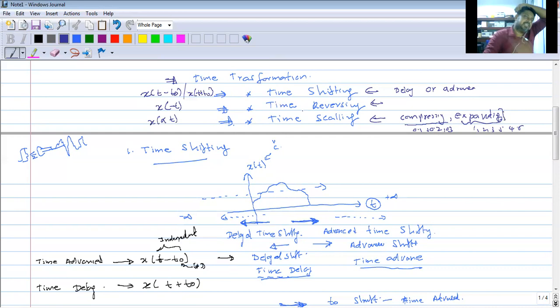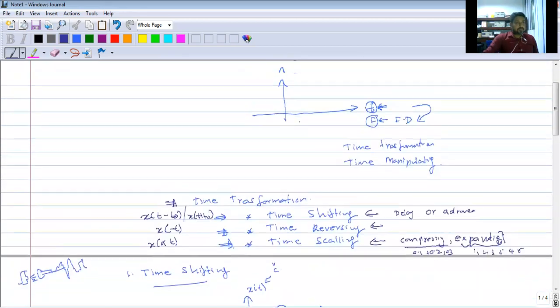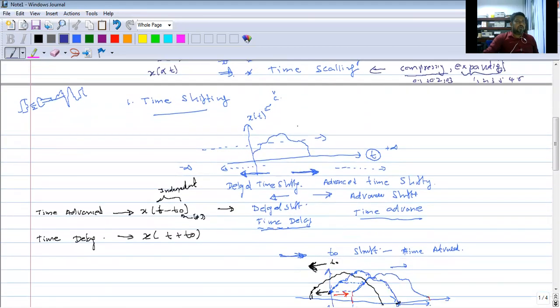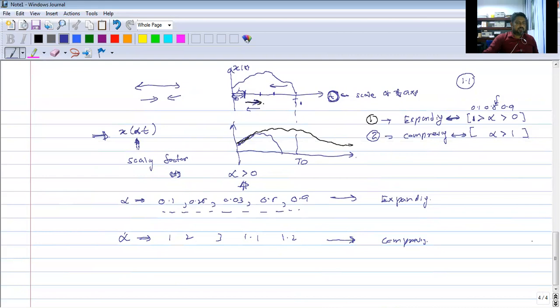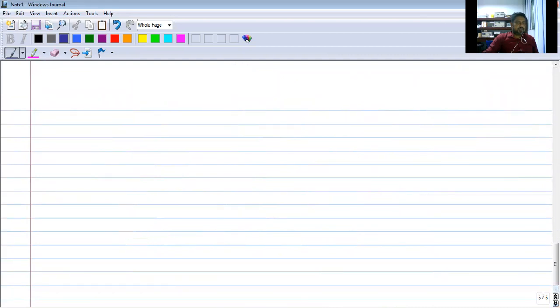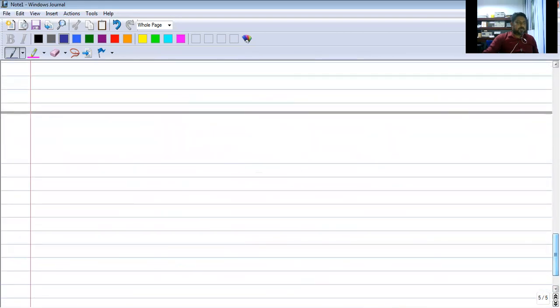So these are the three cases we are going to use. We will do one example and try to understand this better.